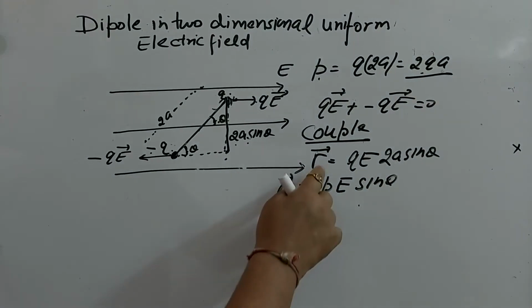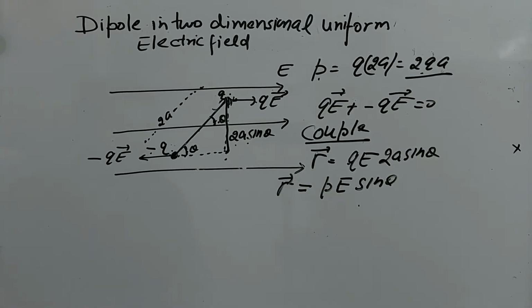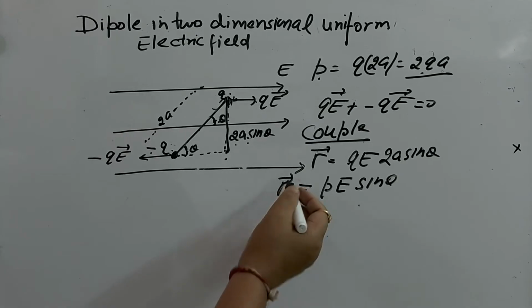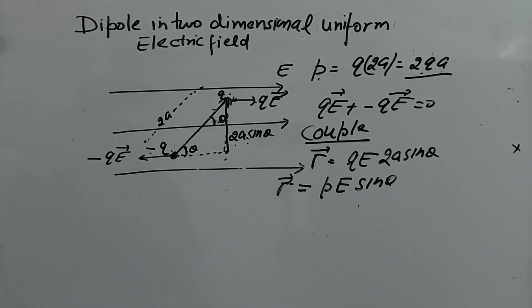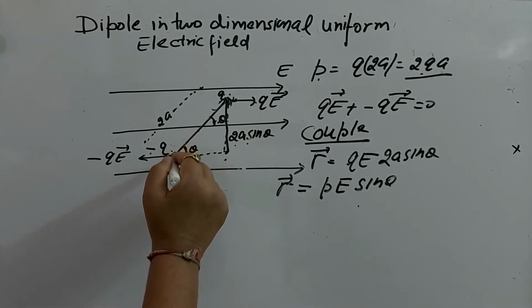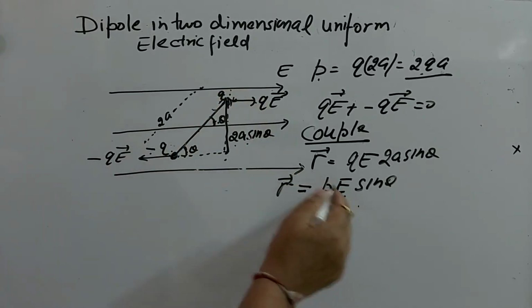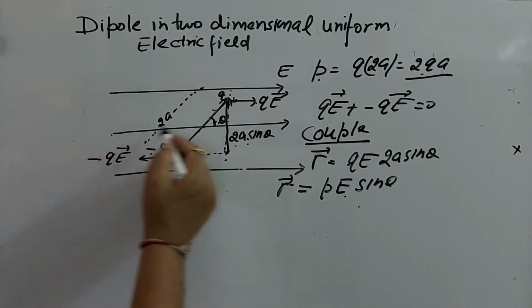And since this torque is a vector quantity and p and E are also two vector quantities, so better if we are able to write this torque as the cross product of p and E. The direction of p is from negative to positive and direction of electric field is from left to right.